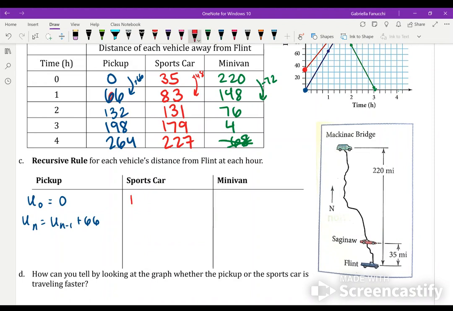The sports car, we're starting, 0 term is 35. How are we getting the next term? It's the previous plus 48. The minivan, we're starting at 220. How do we get the next number? It's the previous minus 72.